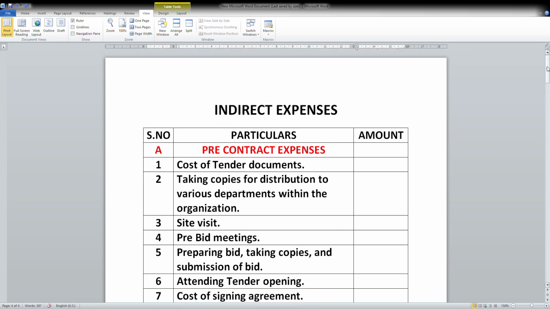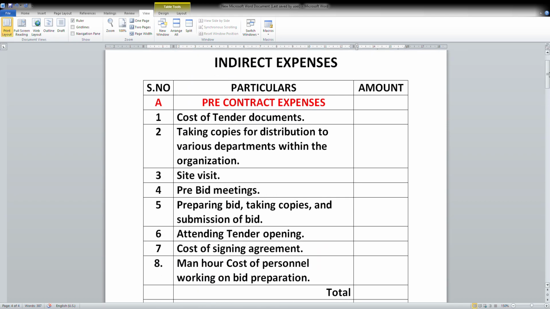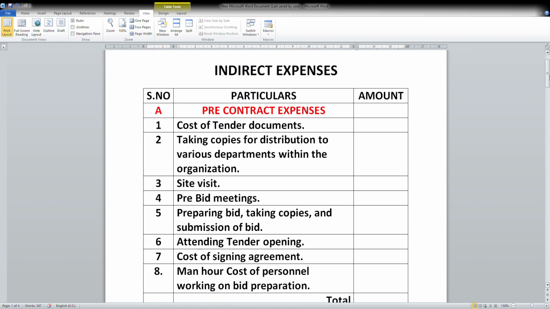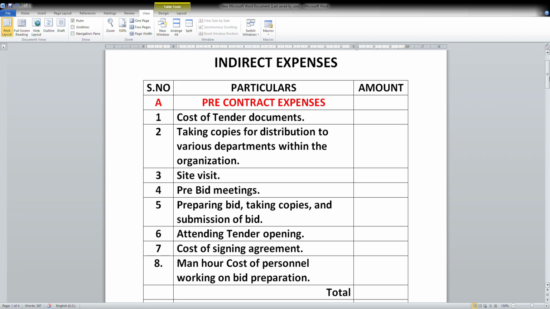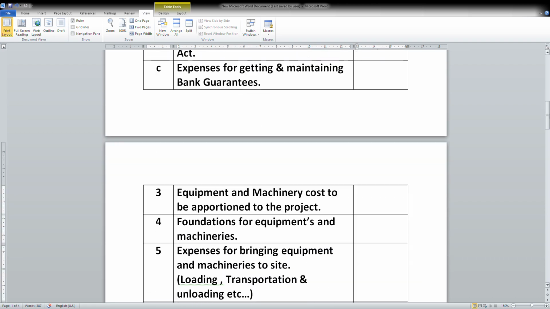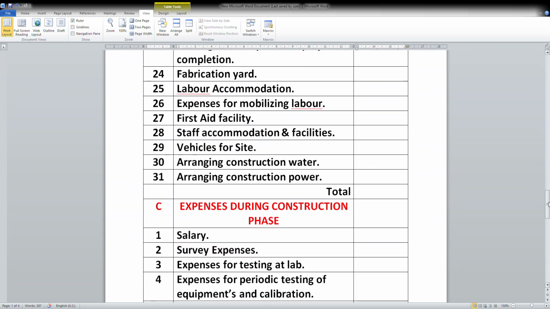This will be helpful during bidding as well as post-bid discussion meetings, when the contract manager will be asked to explain the rate analysis. At that time, these details will help to convince the client. So you have pre-contract expenses, mobilization or pre-construction stage expenses, and the third one, expenses during the construction phase.